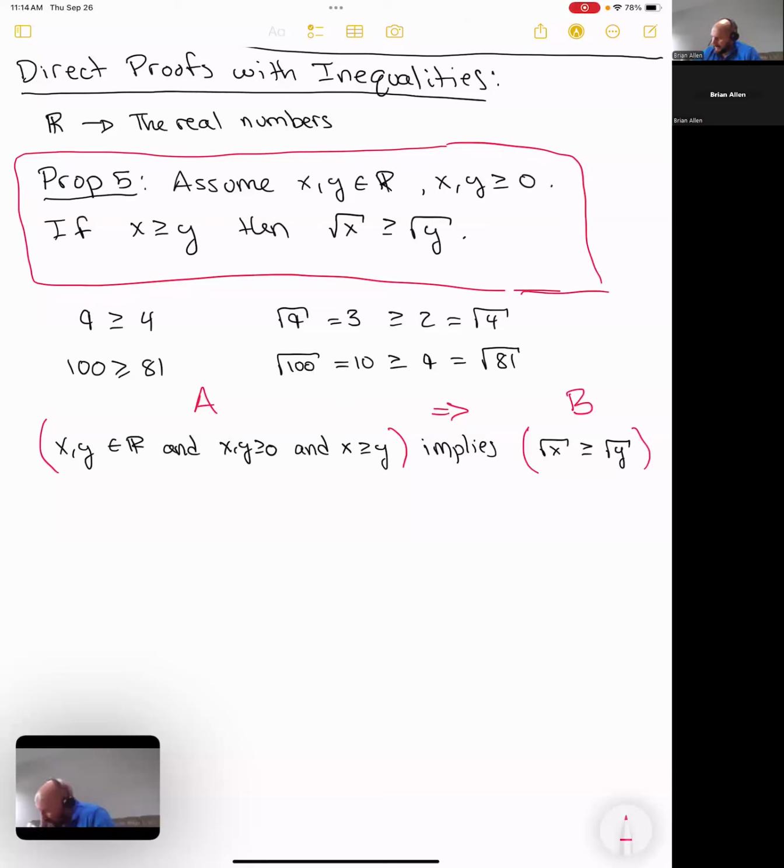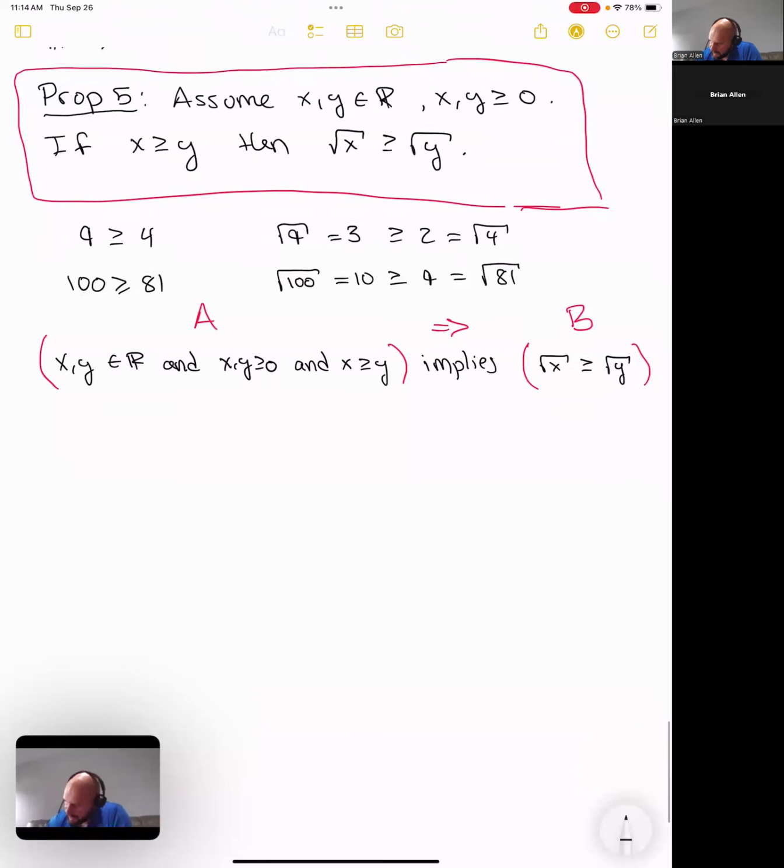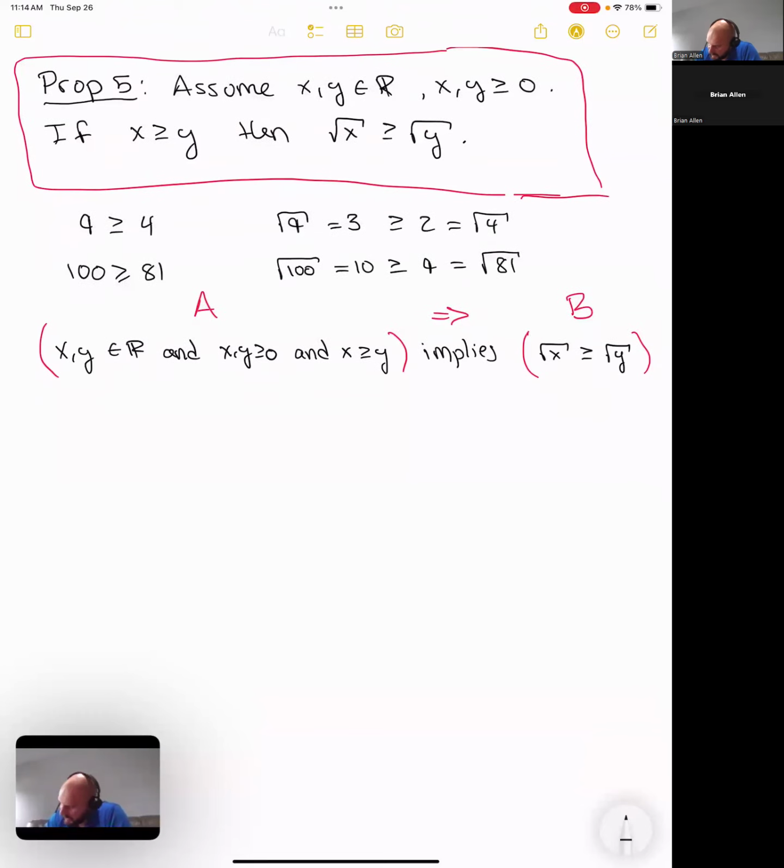Okay, so let's look at the proof sketch now, because maybe we're not surprised by the fact, but that doesn't mean we have an idea of what we should do to prove this. So let's see. First of all, when we say that x is bigger than y, that's the assumption we get to work with.